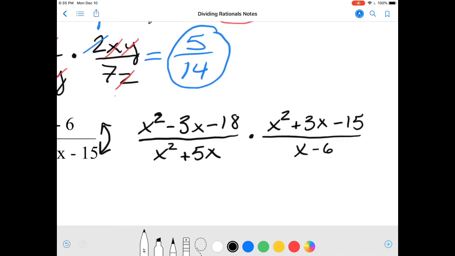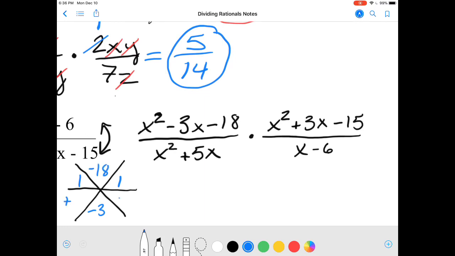Okay, let's see how we did. Let's start by snowflaking the first numerator. I'm going to draw my snowflake. My A value is 1. My B value is -3. And my A value times my C value is -18.